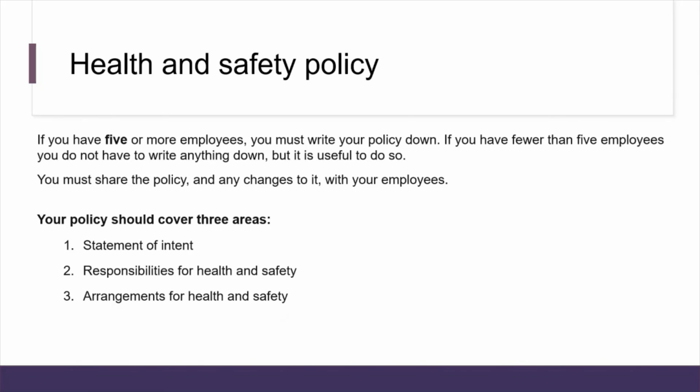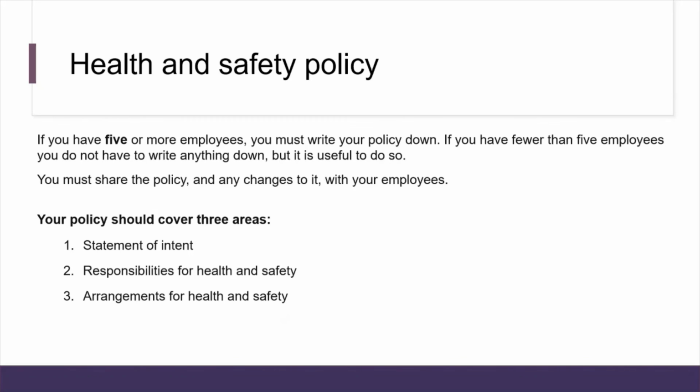If you have 5 or more employees, you must write down your policy, just like your COVID-19 risk assessment. If you have fewer than 5 employees, you do not have to write anything down, but it is, however, useful. You must share this policy and any changes to it with your employees.